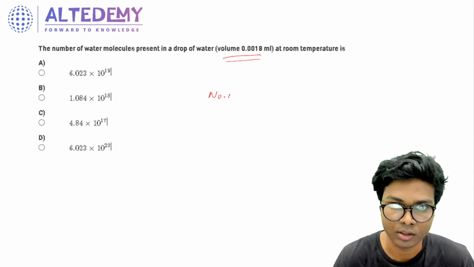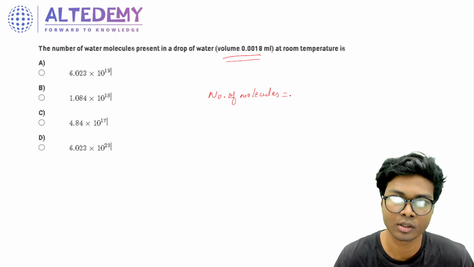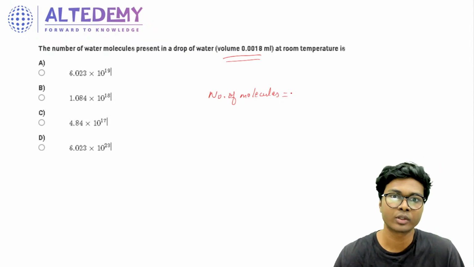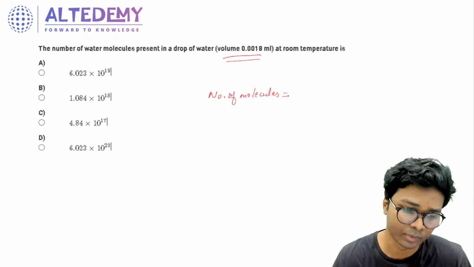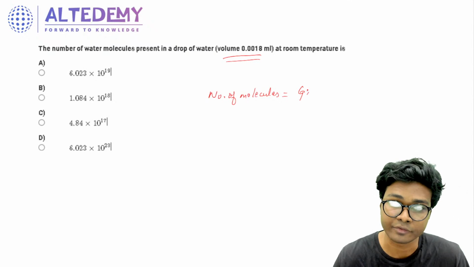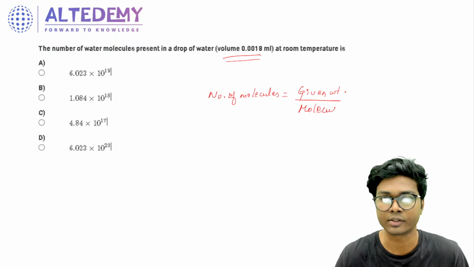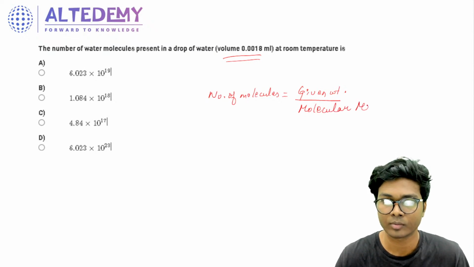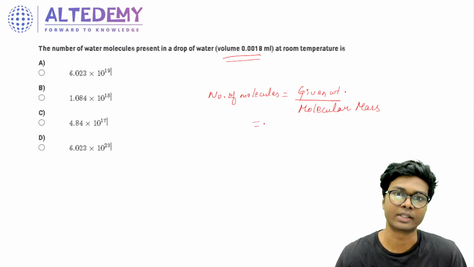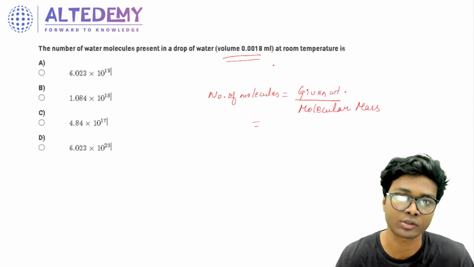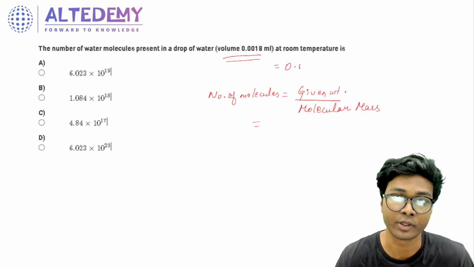The question is the number of molecules in a drop of water. To find the number of molecules, we know that we'll have to divide the given weight by the molecular mass. The given weight here, we can take it approximately, is 0.0018 grams.